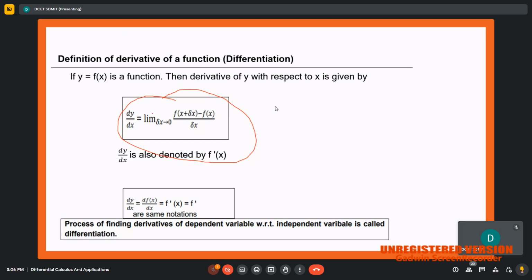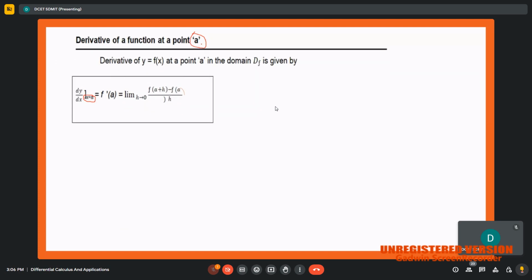Now we have taken the point a, so in the definition we replace x with a, and the increment is h. That gives f of a plus h minus f of a divided by h, as h tends to 0. This is the derivative of a function at a point a.